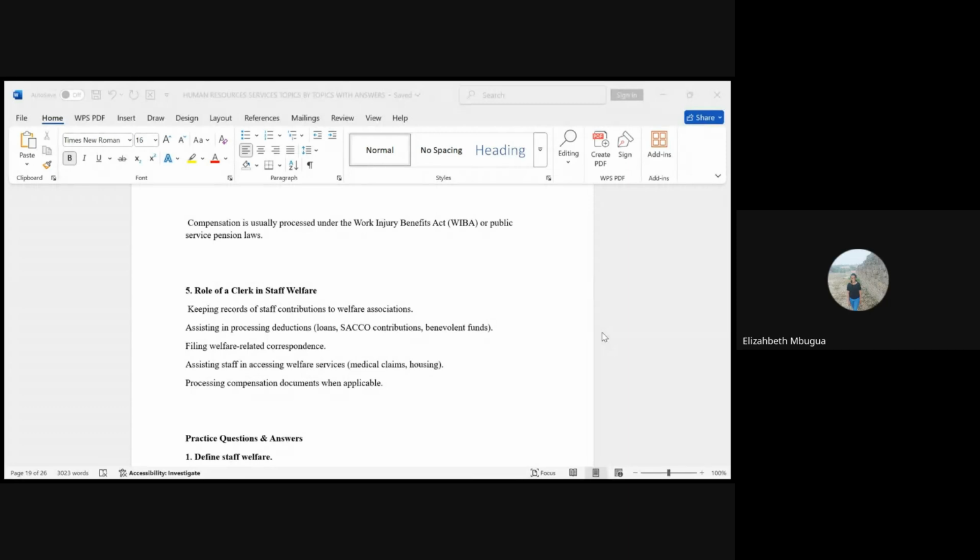Benefits and well-being of employees. Thank you. And another one, services and activities provided to an employee by an employer.